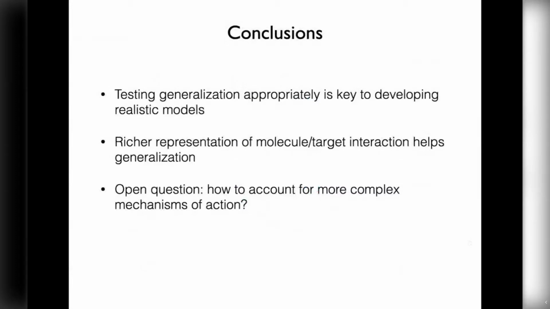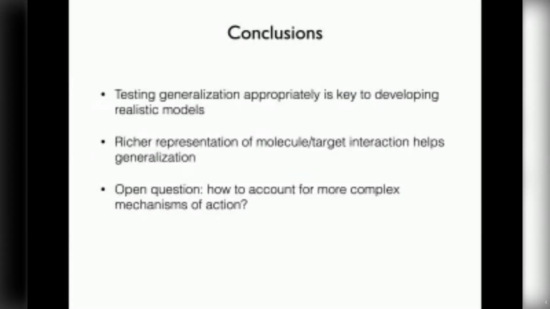So just to conclude, my main learning was that in order to be really meaningful in terms of therapeutic development, it's important to test generalization correctly, and the random split that we do in many other areas of machine learning may not be the right thing. You need to make it even harder.